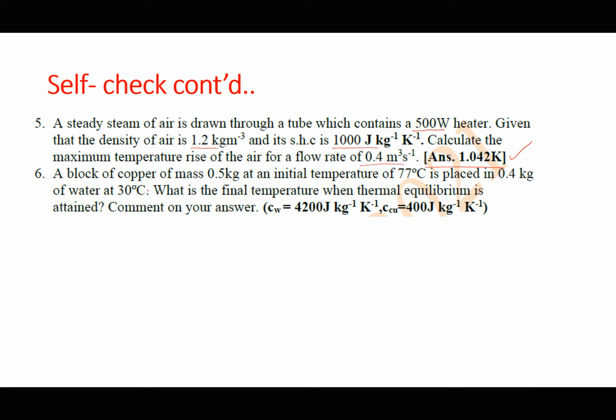A block of copper of mass 0.5 kilograms at an initial temperature of 77 degrees Celsius is placed in 0.4 kilograms of water at 30 degrees Celsius. What is the final temperature when thermal equilibrium is attained? So maybe I can try out this for people because they will be seeing this for the first time.